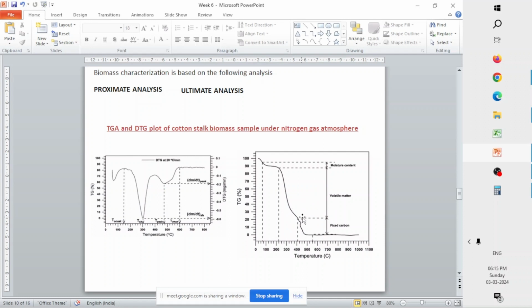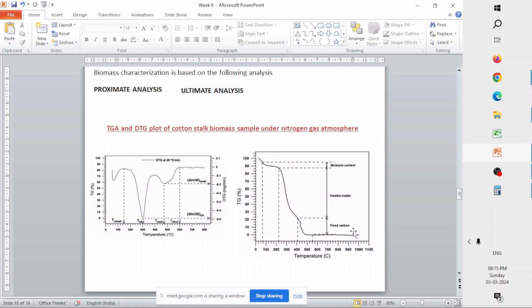And then as you keep increasing your temperature, you see that after a particular temperature, you do not have any mass loss happening in your system. So that percentage where your degradation curve almost remains constant with respect to temperature, that amount of component is due to the ash content that is present in your material. So ash content is the content which cannot undergo degradation even at those temperatures.